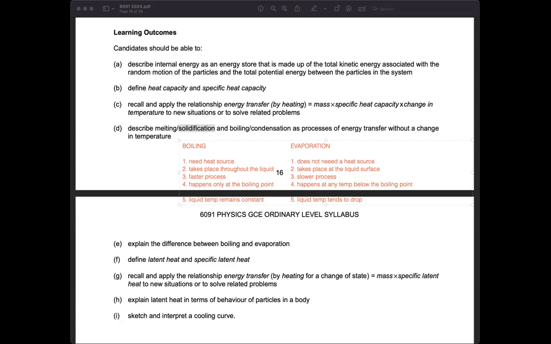Okay, so are you able to remember the 5 differences of boiling and evaporation? Okay, I give you time to write down. If you can remember or have written down, give me a yes reaction. Then we'll move on.